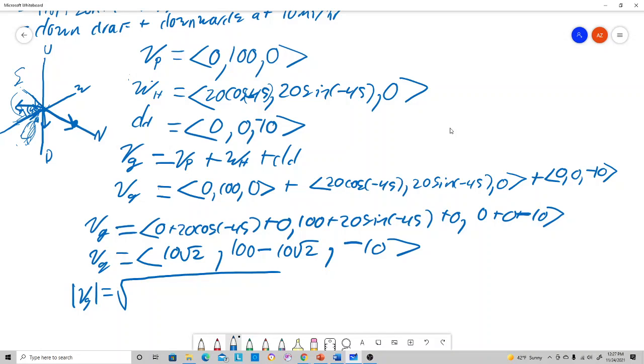Because a vector is made out of an x and then a y, and the magnitude is the difference between here and then that. If you notice, that's literally the Pythagorean theorem. So take the x component, 10 square root 2 squared, plus 10 minus 10 square root 2 squared, plus, I'm just going to square these right away, so that'll just be 100.